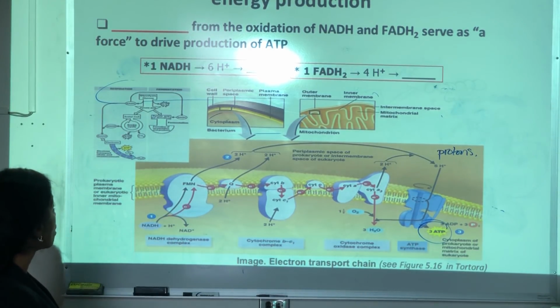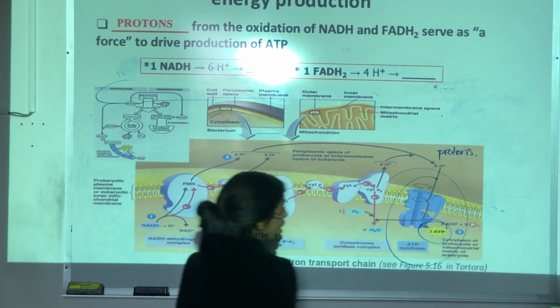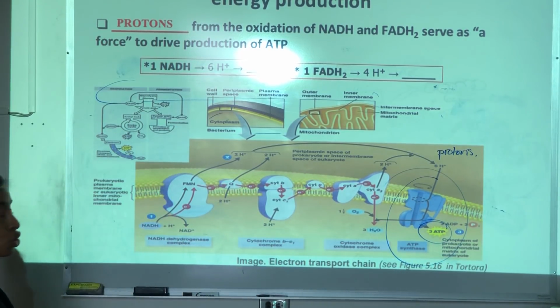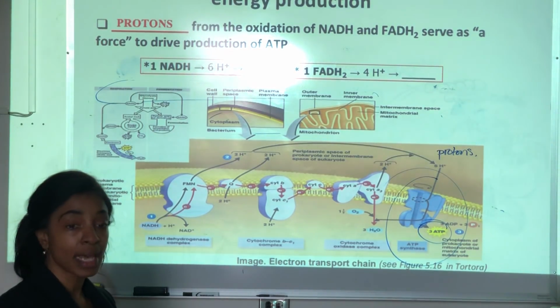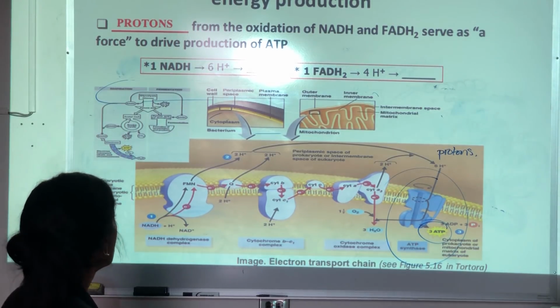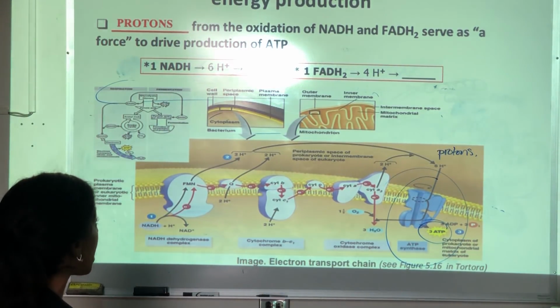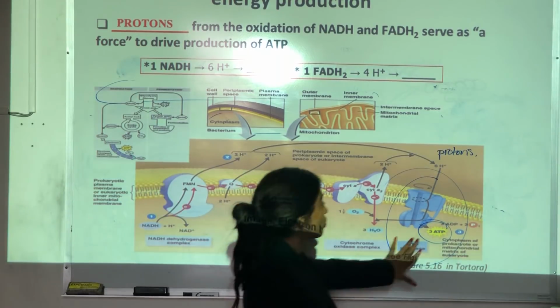So what happens here is that our protons will be pushed outside, and that concentration will be used to activate our ATP synthase, which will use those protons as energy to work this pump and start pumping ATP on the inside. So the rule is that one NADH will give us 6 protons on the outside. That is the maximum. It could be less. But if 6 protons are on the outside, then inside we get up to 3 ATP here.